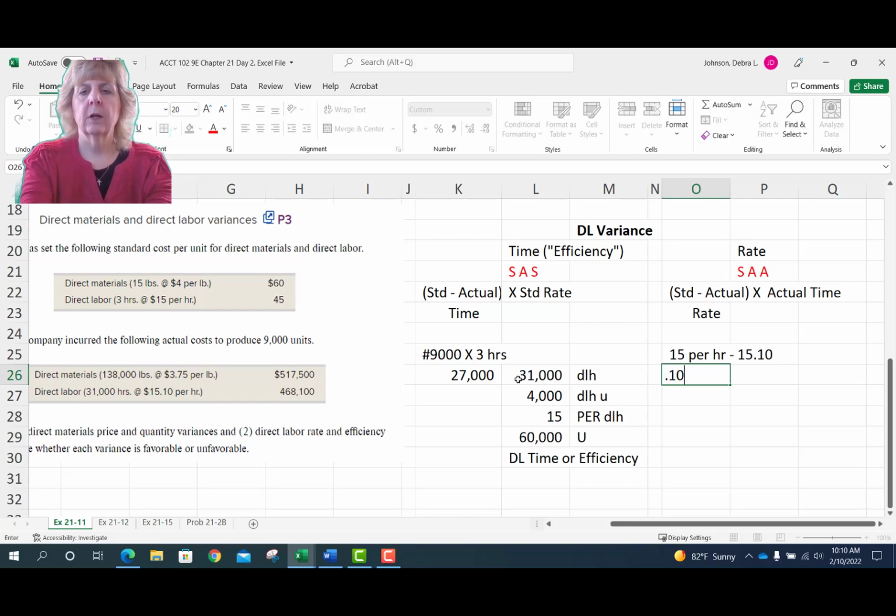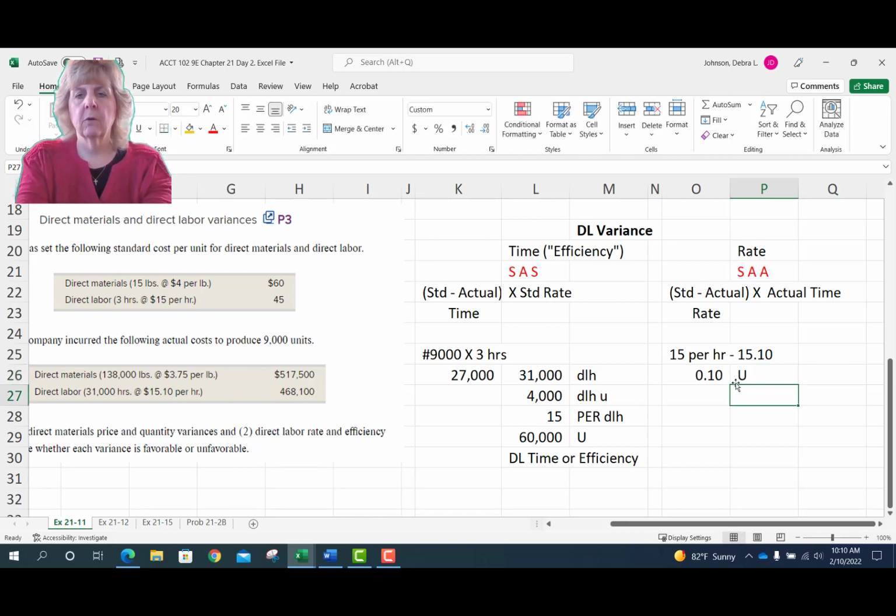Okay, stop. There is a differential of a dime or 10 cents. And so let me put some decimals on that. We recognize that as being unfavorable. The reason that it's unfavorable is because we spent 10 cents more per hour on our labor than what our standard allowed. To turn that into dollars in terms of what did that cost the company, remember what that last A stands for: actual time.